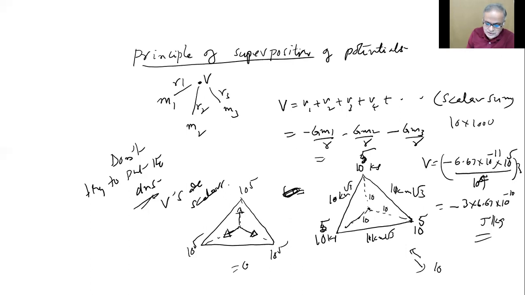So the net field is 0. So field is 0, but potential is not 0. If I place 1 kg mass here, it doesn't experience force. But to bring 1 kg mass from infinity to here, I should definitely do work. So potential cannot be 0, but field strength can be 0.